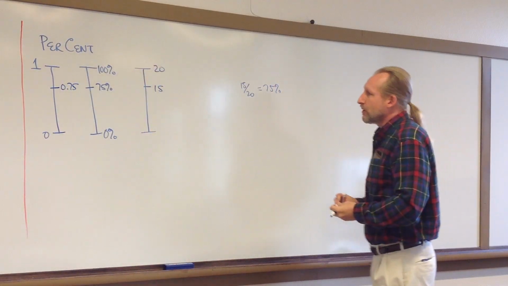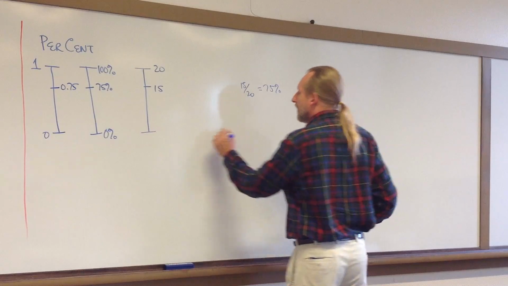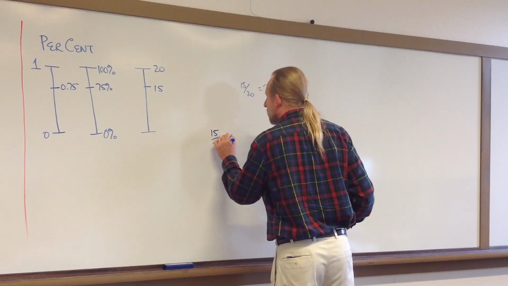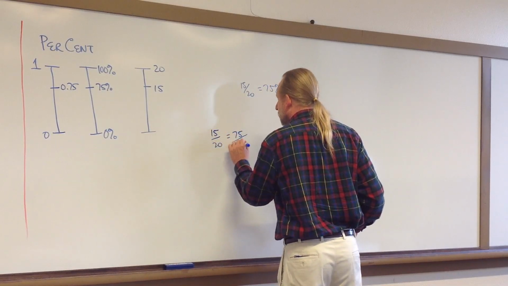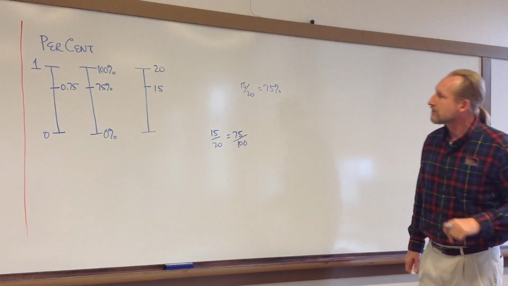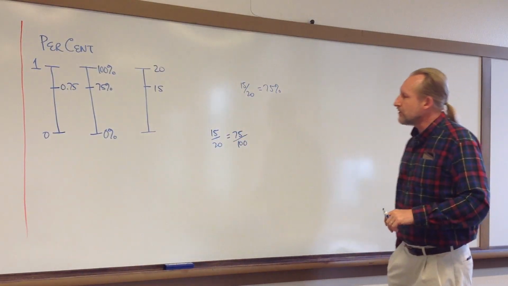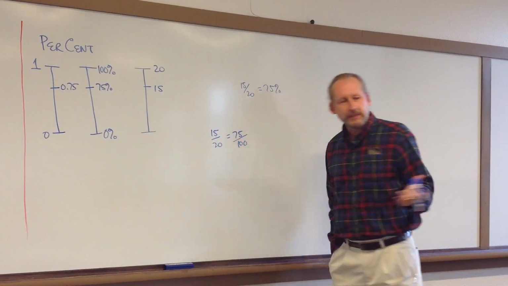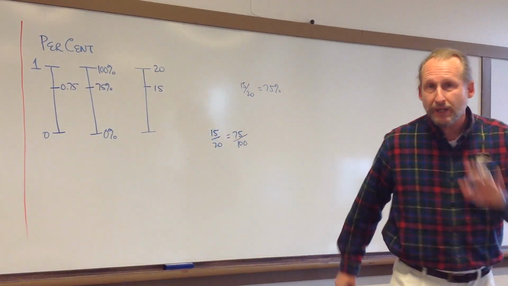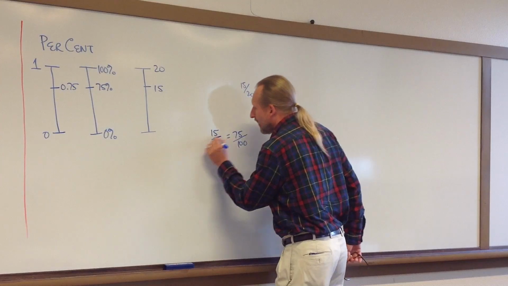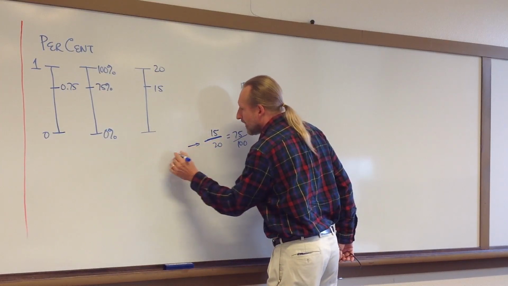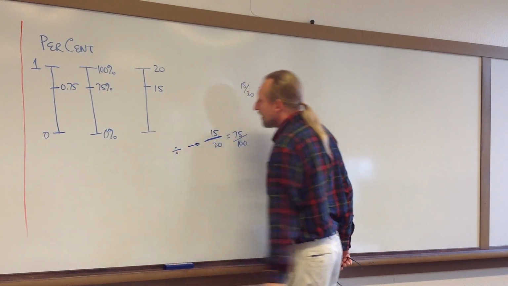So let's talk a little bit more about that. A minute ago, I had 15 out of 20 equal to 75 out of 100. There's a variety of ways that you can go about doing this. You can work with the common denominators. One thing you should be aware of: this fraction bar means divided by.